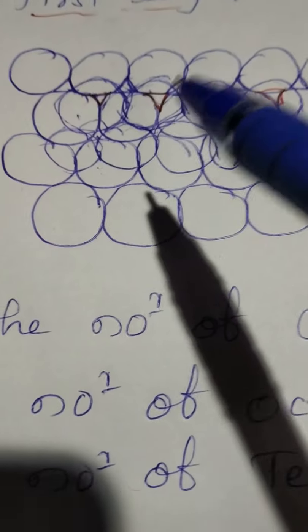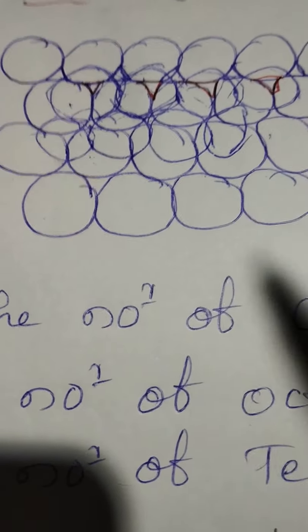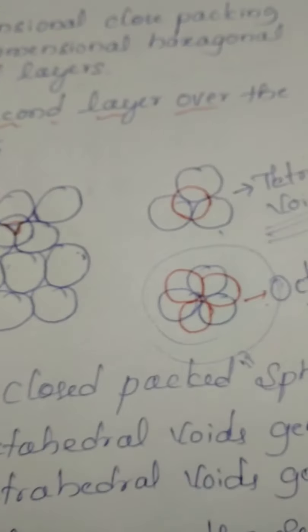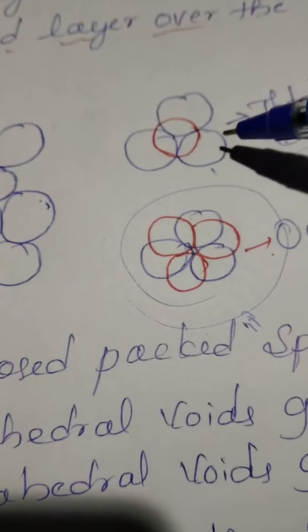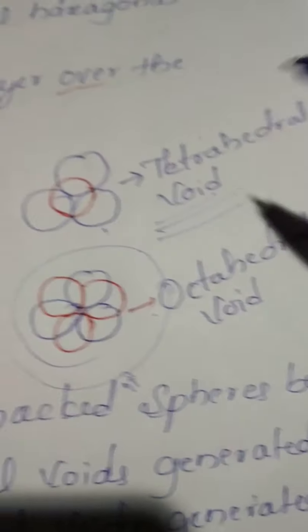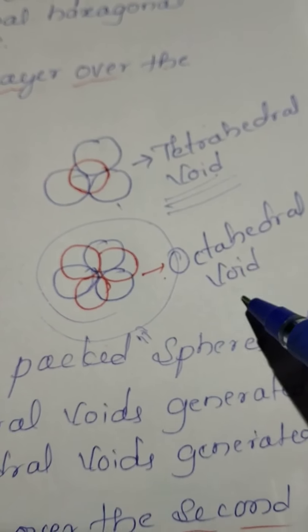When we place the second layer over the first layer in this manner, we will get two types of voids. In detail, I have written here two types of voids: the first is the tetrahedral void, and the second is the octahedral void.